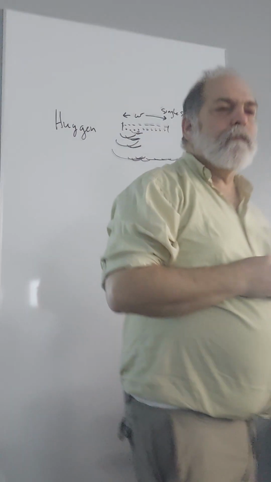And if I add all of those up, then I will arrive at something that looks like a flat wavefront in some circumstances, depending on the wavelength and so forth.